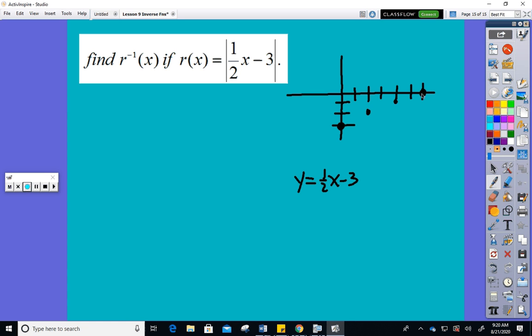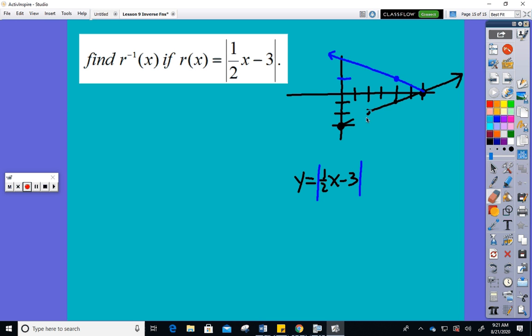So that is this line. Now what I know is that when I put the absolute value on that, the low part of the line reflects upward. So it's going to look like that. So that's what my V shape looks like.